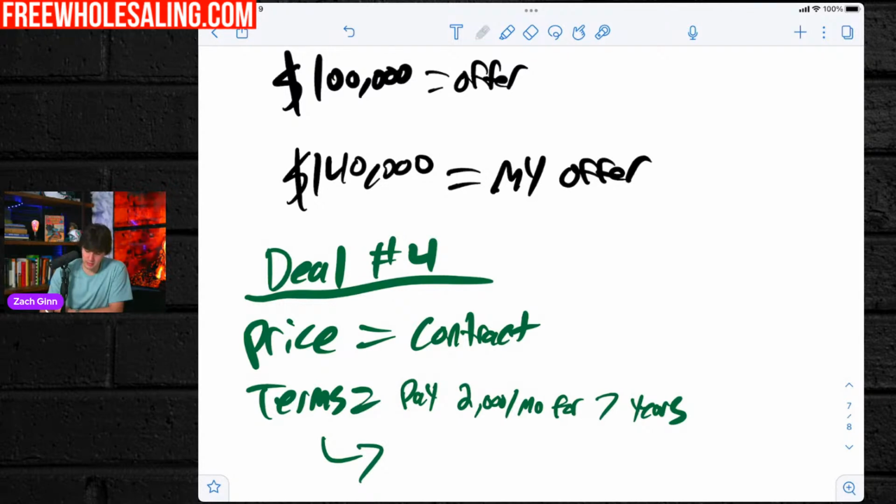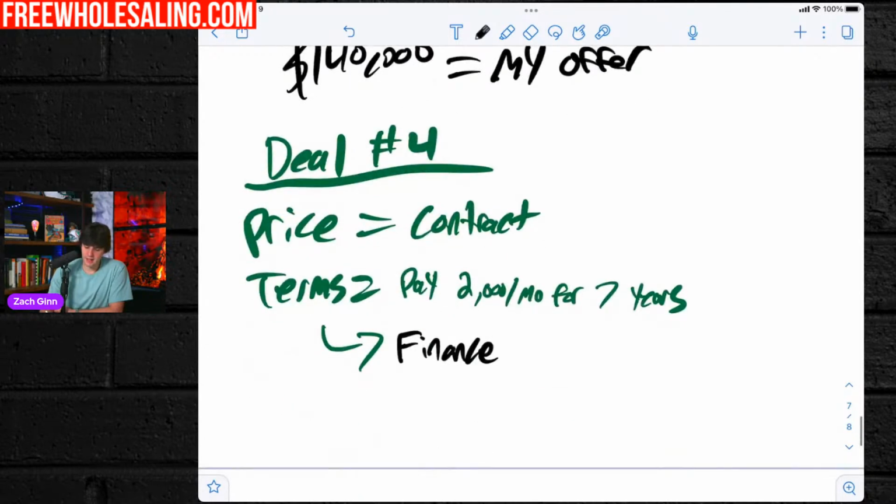You are just going to basically finance me the deal. But wait a second. You're telling me I can change this to, let's say, 4,000, and then I can do 3 years. You're telling me I can change this to 1,000 and possibly do 15 years. I can change it and be creative with it.